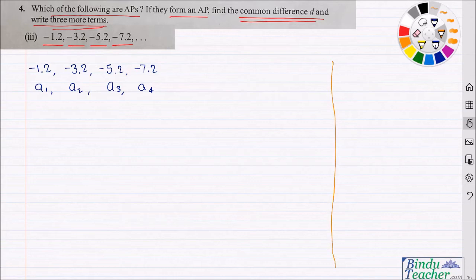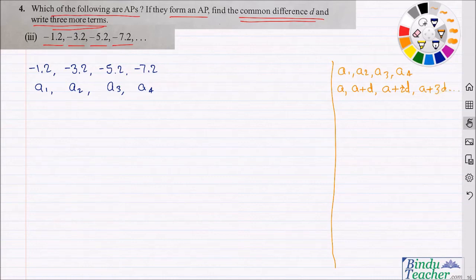So the formula for arithmetic progression is a set of numbers A1, A2, A3, and A4 are said to be in arithmetic progression if they are of the form A plus D, A plus 2D, A plus 3D, and so on.